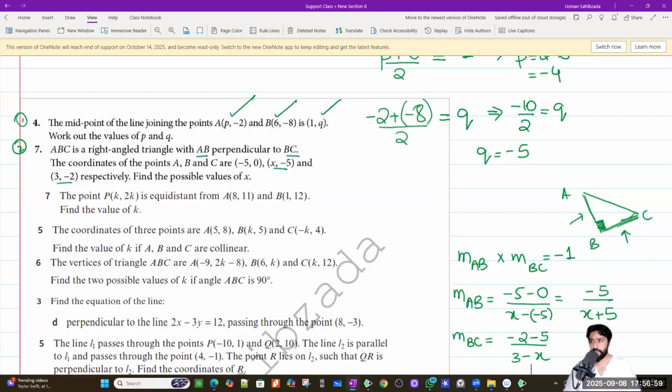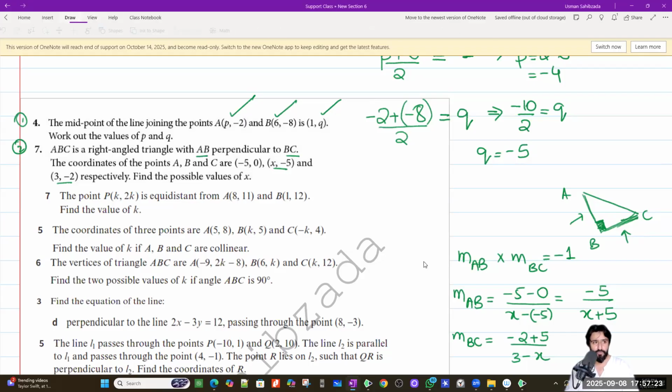Moiz, thank you. Moiz, where? This is a plus 5. Is it? Yes, Mohammad Ali, you got my mistake. Minus 2 minus minus makes it plus 5.